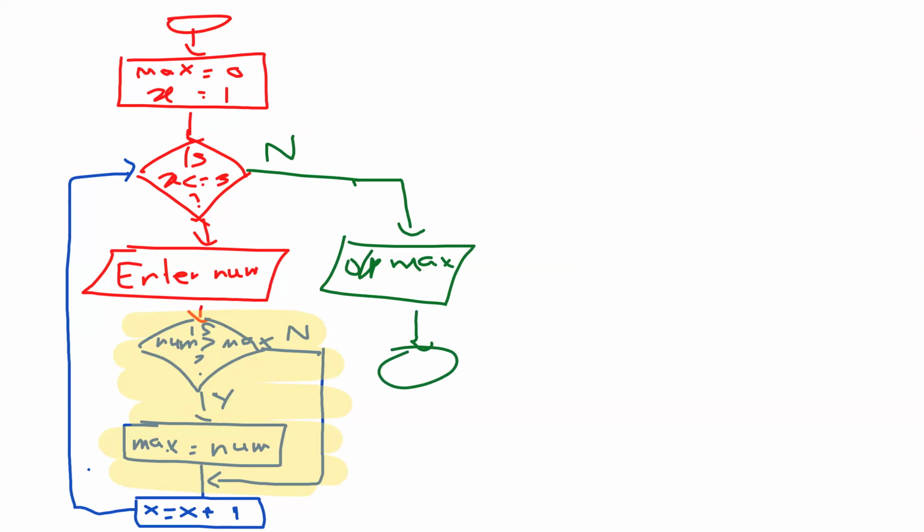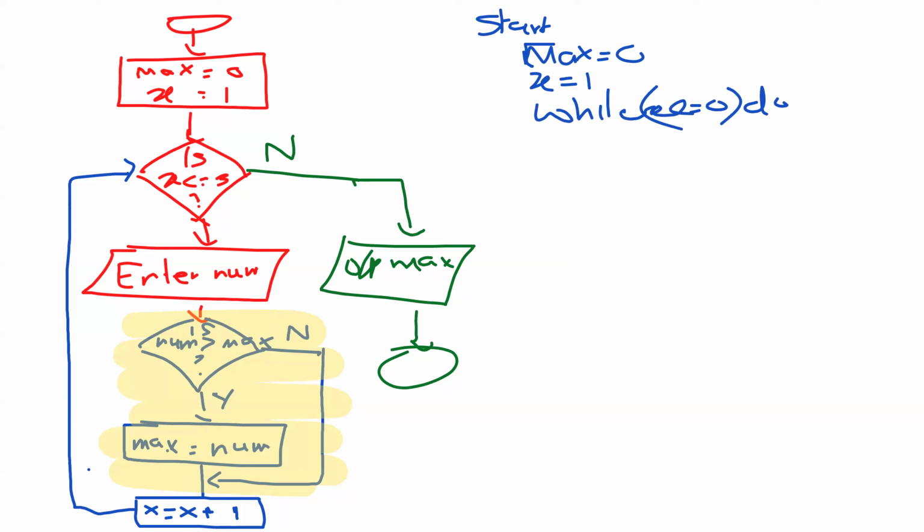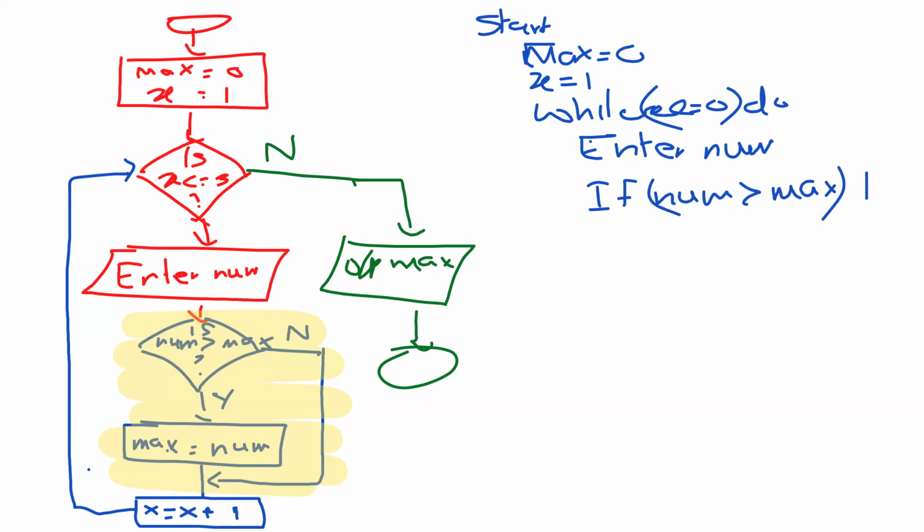How to write the pseudocode? Start, max equal 0, x equal 1, while x less than or equal 3, enter num. Then if num greater than max, each round you check this.